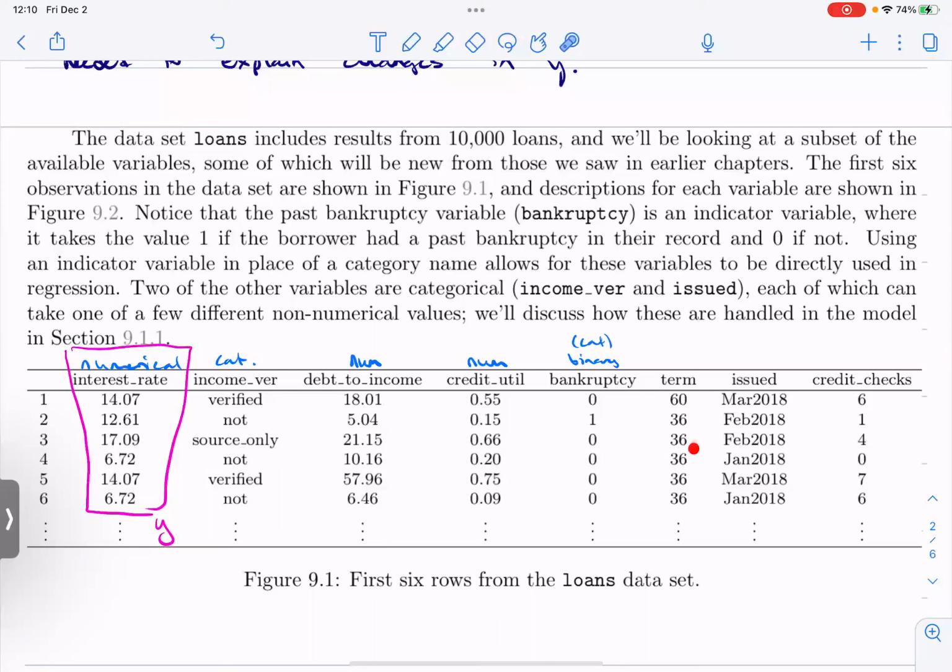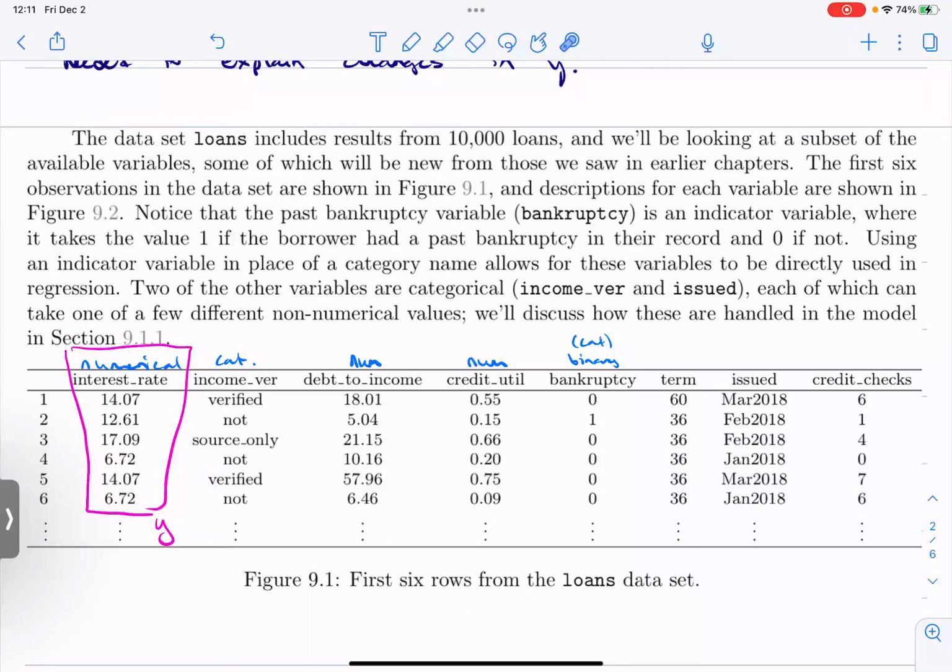Term is kind of interesting because there are term options. If you wanted to, you could treat it as categorical, but I happen to know from this morning that they treat it as a numerical variable. If you wanted to treat it as categorical, you'd have to tell it to treat this as a factor, and then it would do it.